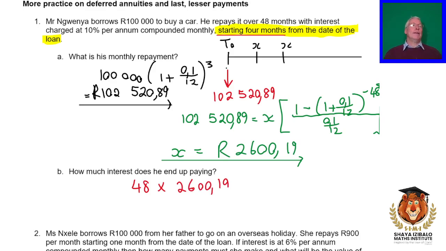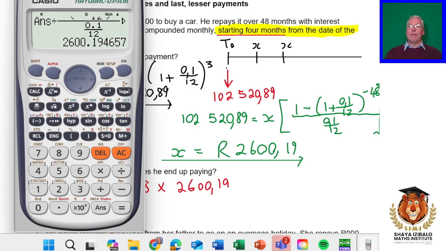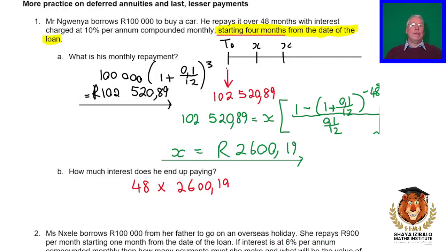So I'm just going to take this amount and times by 48, and we get 124,809 and 34. Now that's how much he ends up repaying altogether.